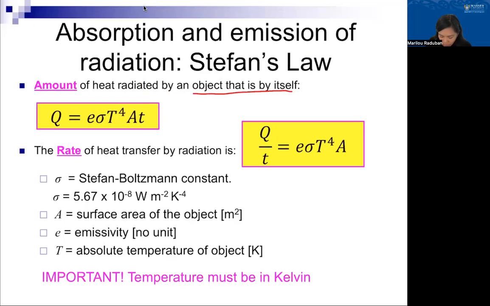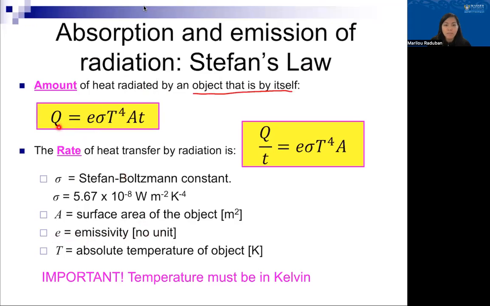So the object is radiating. So you have radiation coming from the object. We've seen that it depends on the color of the object, the emissivity. So E here is the emissivity of the object, and emissivity has no units. The higher the emissivity, the more energy is lost by radiation.